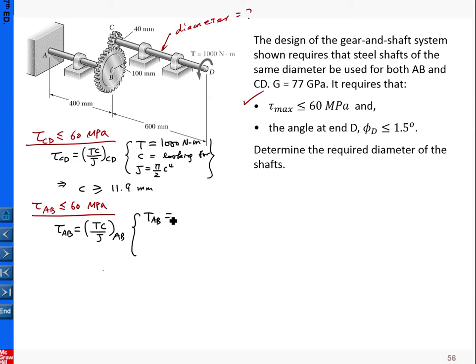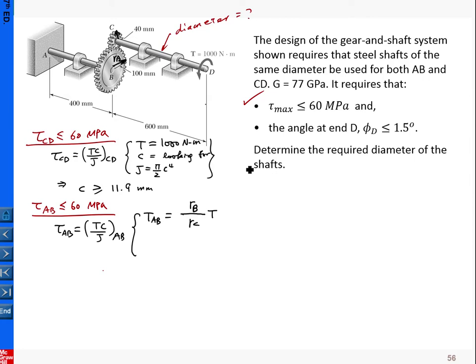Again, we come to our formula for the gear transmission. That is the radius of gear B divided by the radius of gear C, multiplied by the corresponding torque T.